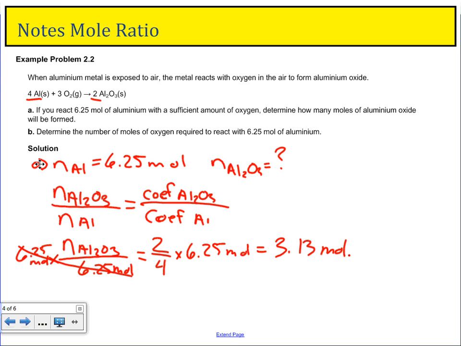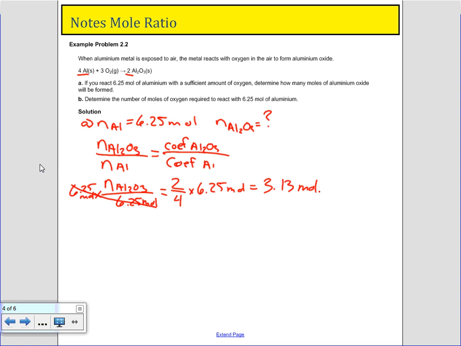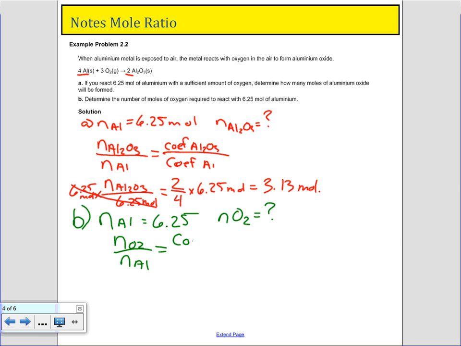In the second part, for B, it's asking how much oxygen is needed. Again, I know aluminum is 6.25. The number of moles of oxygen required, that's what I don't know. So I set up the same sort of ratio, but this time I'm talking about the amount of oxygen, but I'm still using the aluminum, that's what I'm given. So coefficient of oxygen over the coefficient of aluminum.